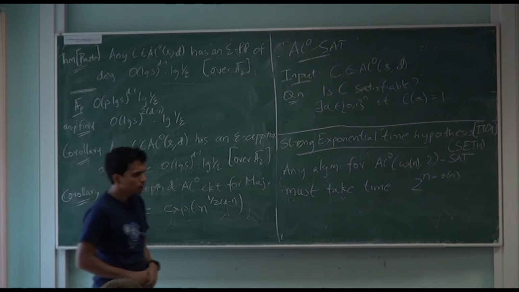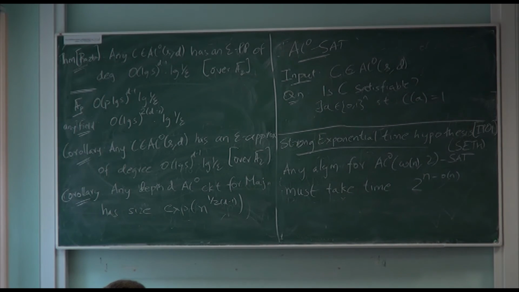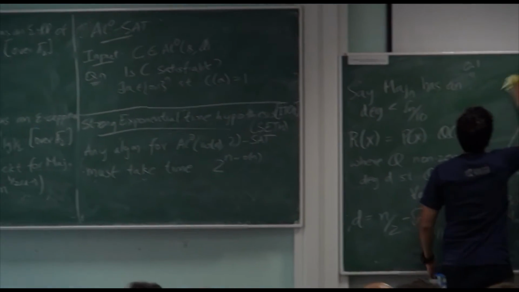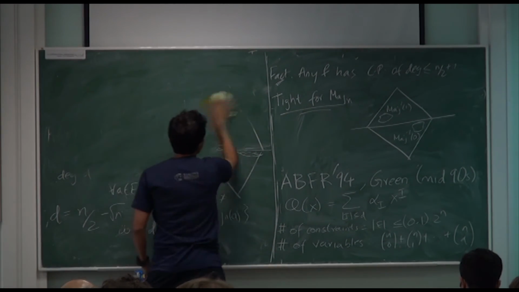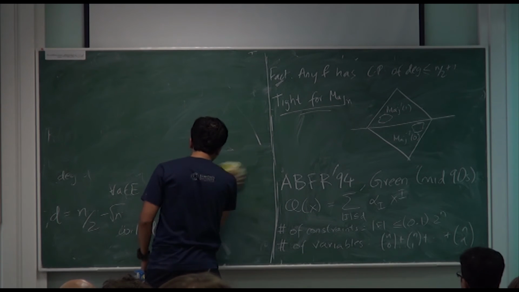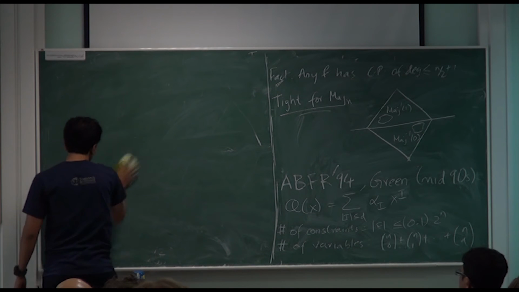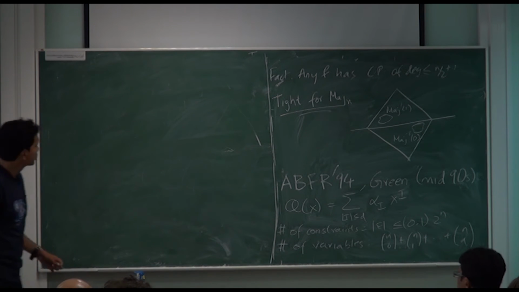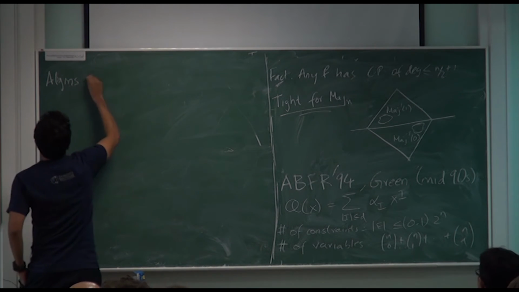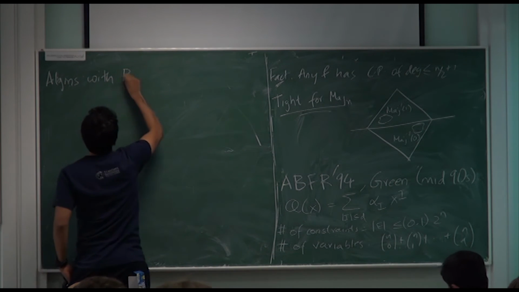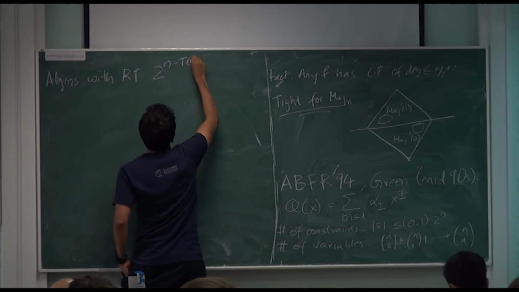For problems that are so hard, what kind of things can we expect? Well, we can still expect to do slightly better than 2 to the n. More precisely, we're going to look at running times in the range of 2 to the n minus some hopefully large number.